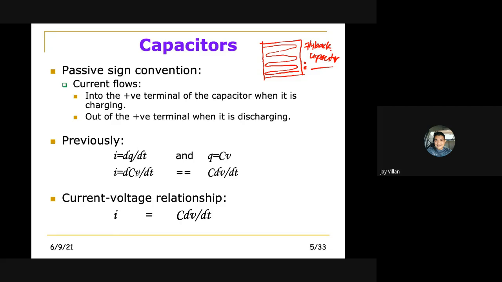So that becomes C dV over dt, because we factor out C here, because this is a constant. So I becomes C dV over dt, and this equation is what you call the current-voltage relationship of your capacitors. Okay, so I equals C dV over dt, the current-voltage relationship of your capacitor.